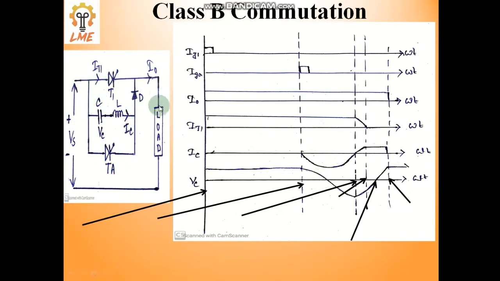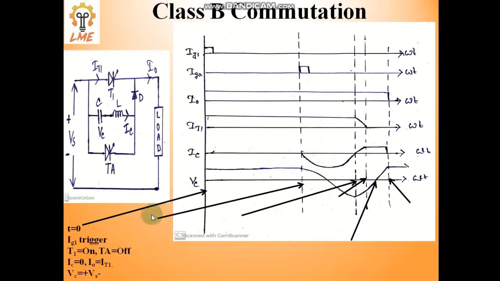The path from here to here is the main circuit, and this portion is the commutation circuit, where we consider a C, L, an auxiliary thyristor TA and a diode D. Our main target is to turn off this thyristor while the applied voltage is DC. Clear?